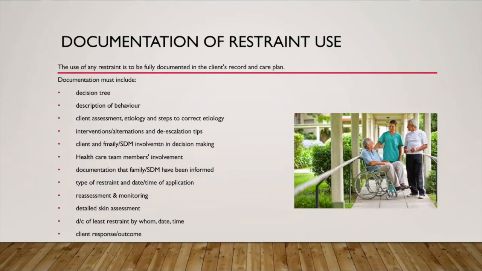The documentation must include the use of the decision tree of least restraint, the description of client behavior, the client assessment, their etiology or cause of the behavior, and steps that were taken to correct the root cause. Remember to document interventions or alternatives, as well as de-escalation tips that were used.